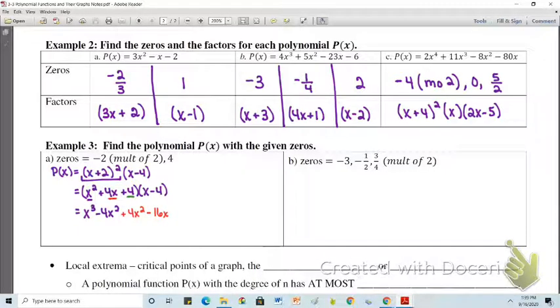And now we move on to the 4. So that gets me a 4x minus 16. Now I simply combine my like terms and I'll get x cubed minus 12x, because my x squareds cancel out, minus 16. And that is what p of x is.